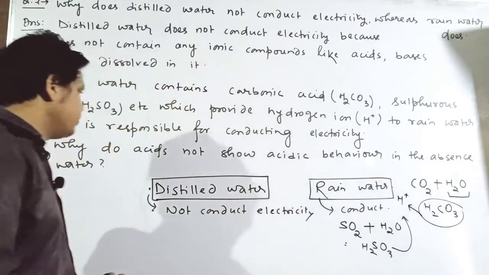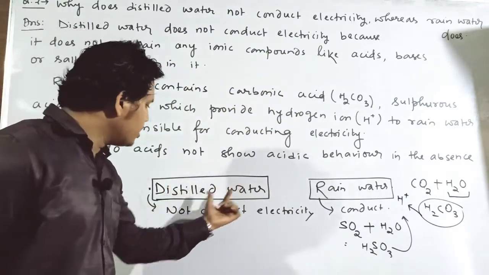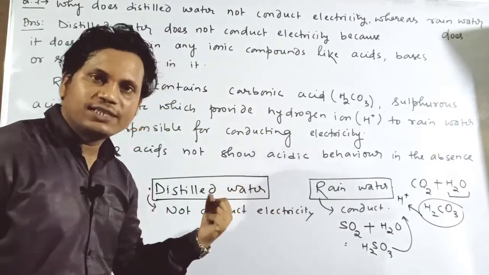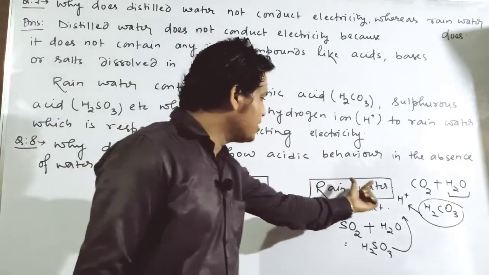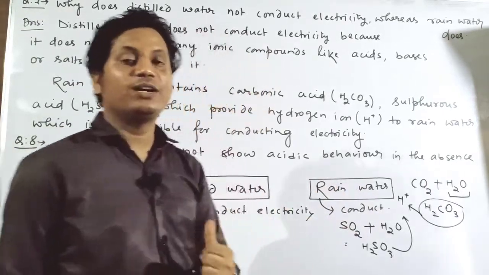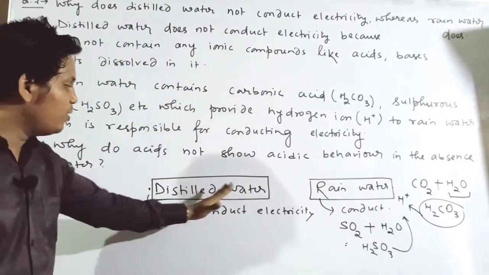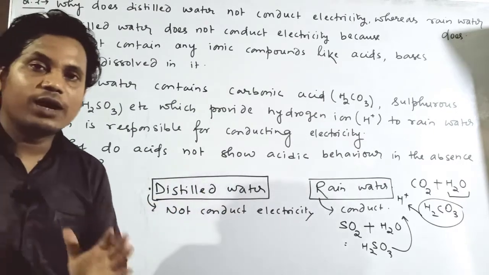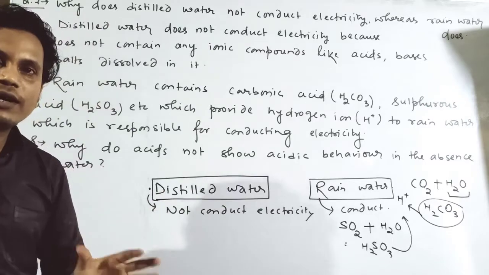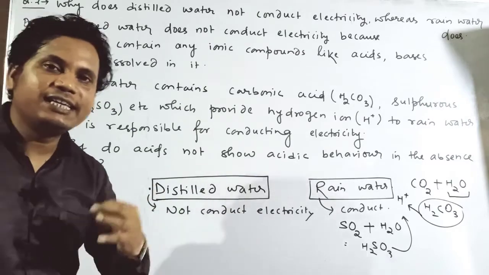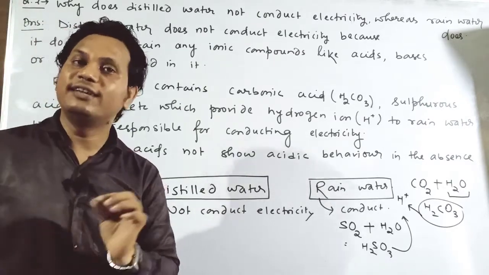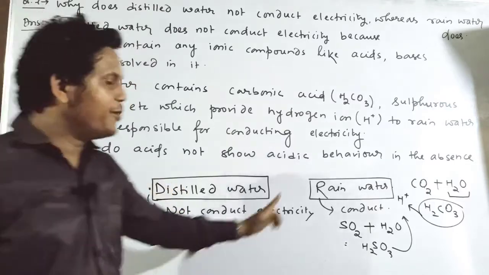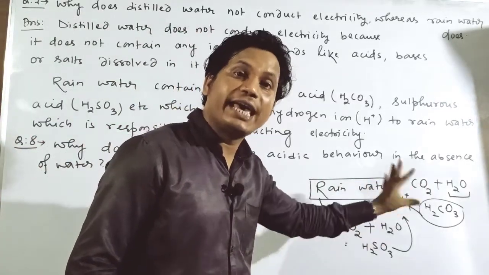So our answer will be, why does distilled water not conduct electricity but rainwater does? What will be the reason? Distilled water does not conduct electricity because distilled water is pure. That water does not contain any acid, base or salt. While rainwater contains some acid.